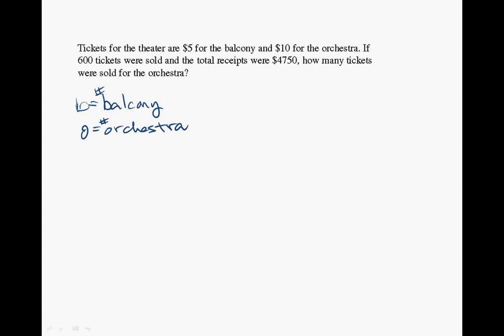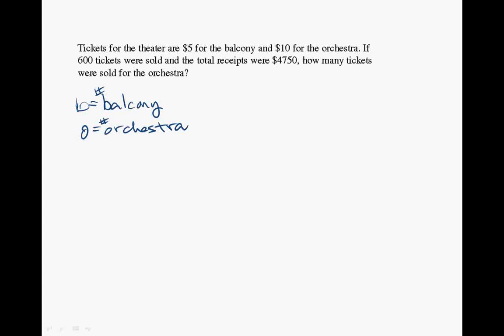One equation I could write here. Well, let me just preface by saying, whenever you have two unknown variables or two unknown values, chances are you're going to have to write two equations or write a system. So if I have two unknown values here, number of balcony tickets and number of orchestra tickets, I need to try and write two equations to represent the situation.